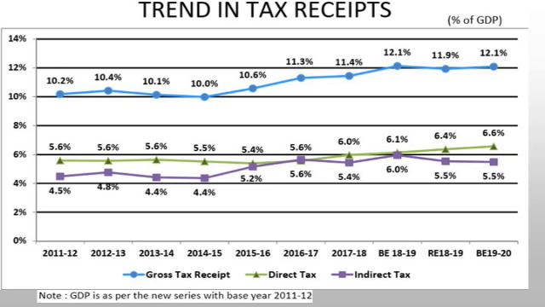Then the line with triangles is direct taxes, and the line with squares is indirect taxes. And if you see, friends, the tax to GDP percentage, and note that this GDP is a new series with base year 11-12. I hope you are aware. The previous GDP was with the base year of 2004-5.